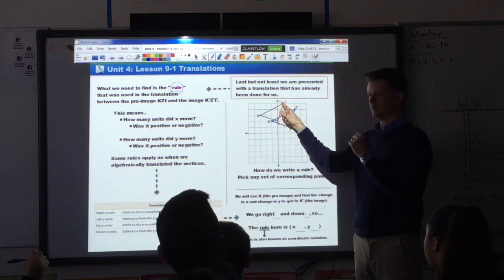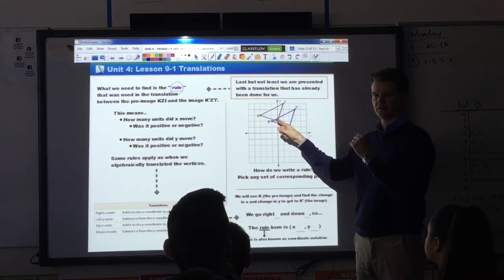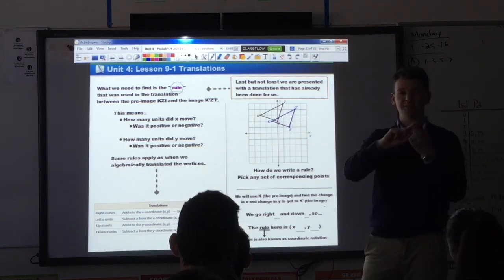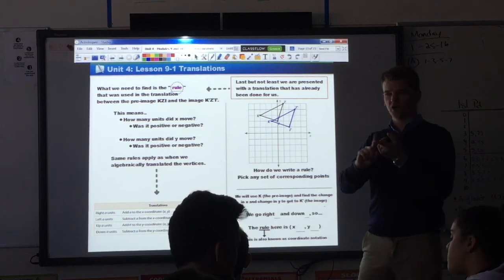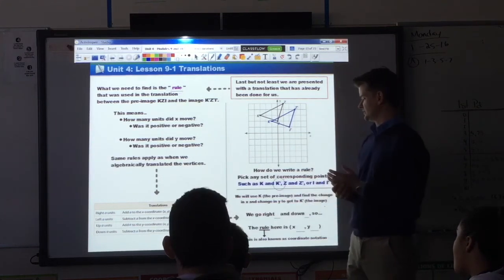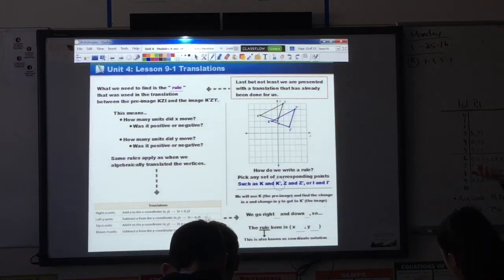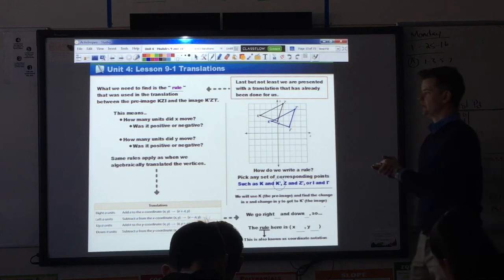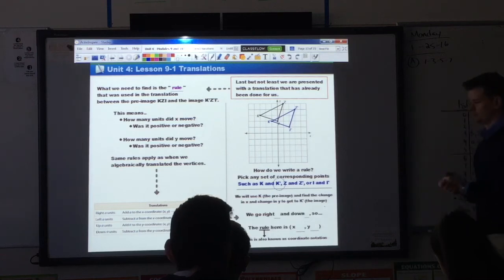So what point do you think corresponds to Z? Z prime. What point corresponds to I? I prime. Those are corresponding points. Same letters. One of them's prime, one of them's not. One of them's in the pre-image, one of them's in the image. So we pick any set of corresponding points, such as K and K prime, Z and Z prime, I and I prime. Pick any set. What you cannot do is go from K to I prime. You cannot go from Z to K prime. Has to be corresponding points.